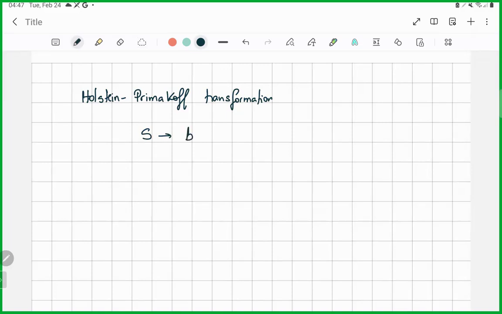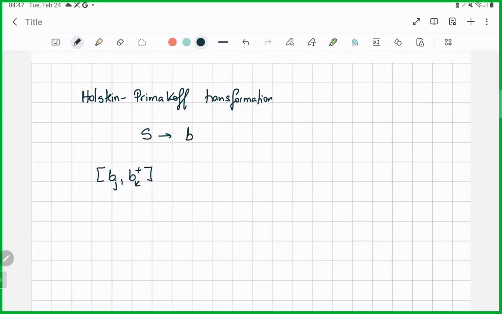Okay, well, let's recall boson operators. What we know about boson operators is that they satisfy the commutation relations. So [B, B†] is 1. Here we are talking about a lattice system, so we distinguish the sites.